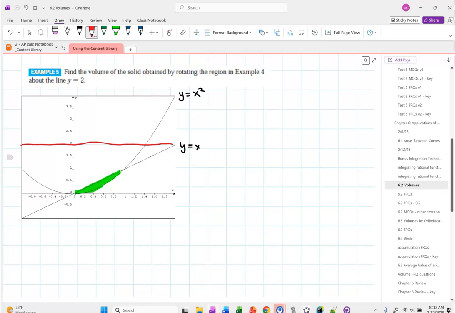Take a moment and think about what this shape is going to look like. I'm going to do some doodling on here, and then I'm going to erase in a minute. Is that okay?